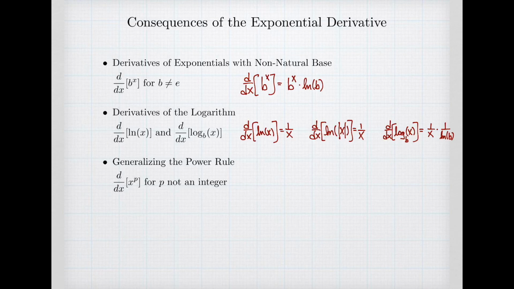In some sense, you want to think of this as being the inverse idea of the natural log of b being multiplied when I do the exponential. It's a challenge question. See if you can find out why that's true. And then finally, we found that I could redo the power rule for any power if I thought about x to the p as a composition with the exponential.